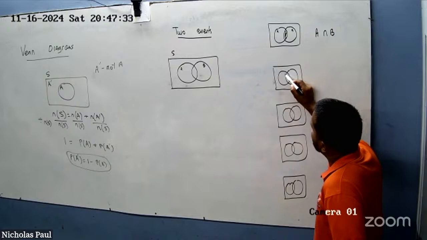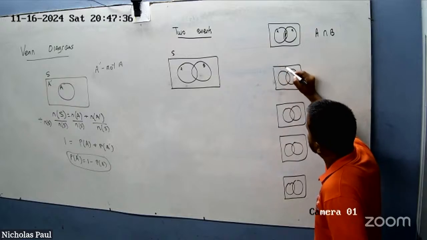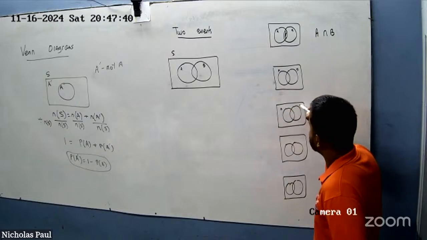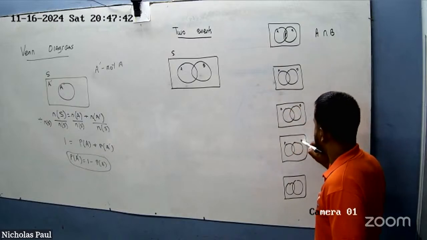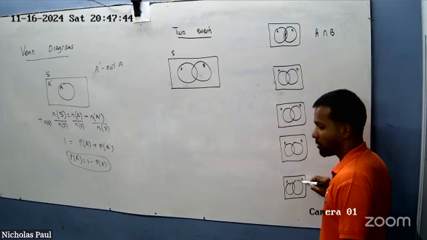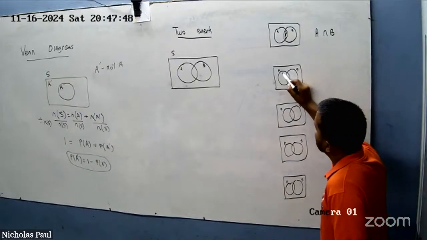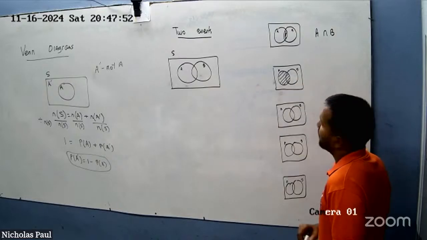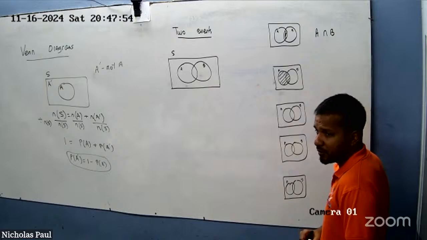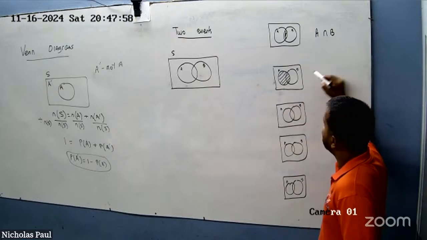Next. What about here? What is shaded there? A alone is shaded there.